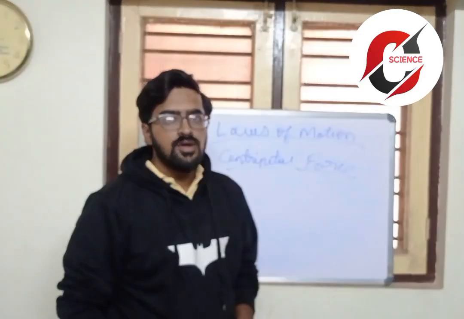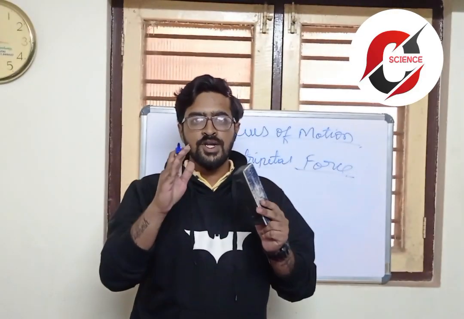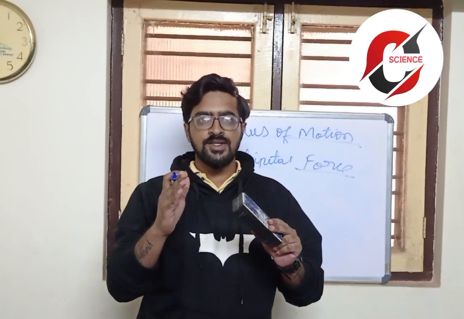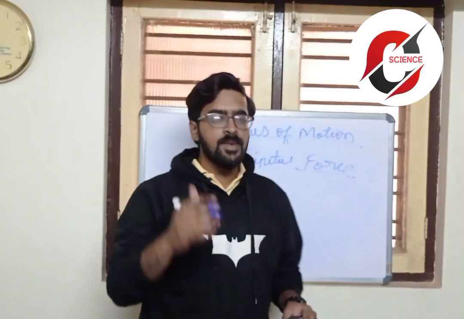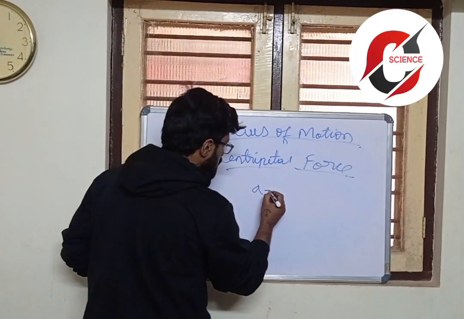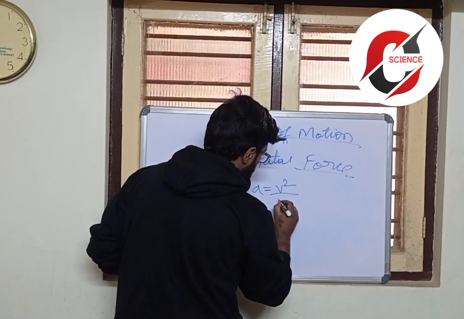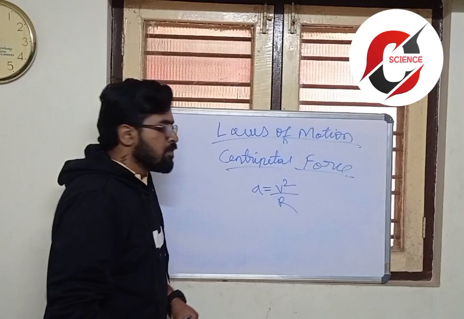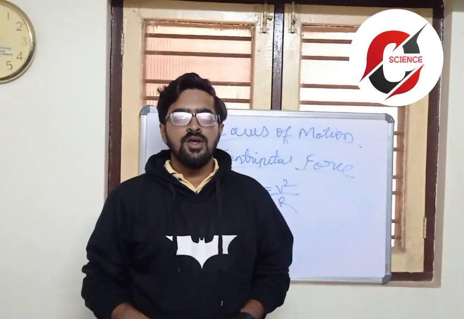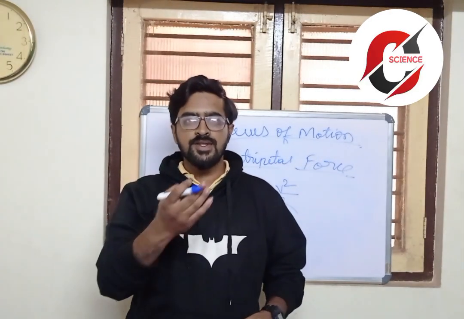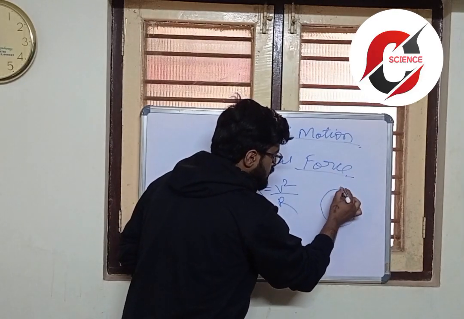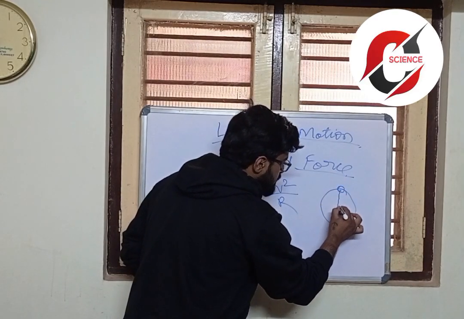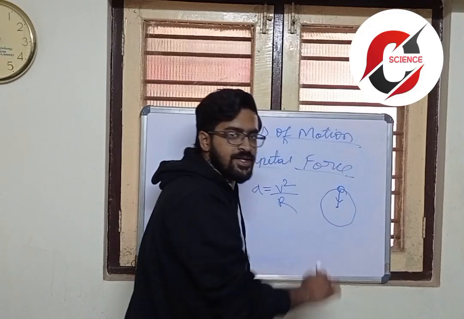As we all know, in a circular path, the object experiences acceleration towards the center, which is given by a is equal to v square upon r. But in centripetal force, the body experiences some force in this direction towards the center.